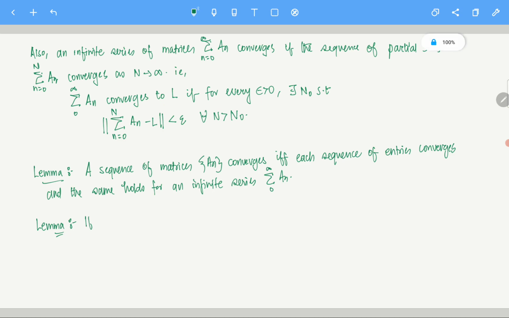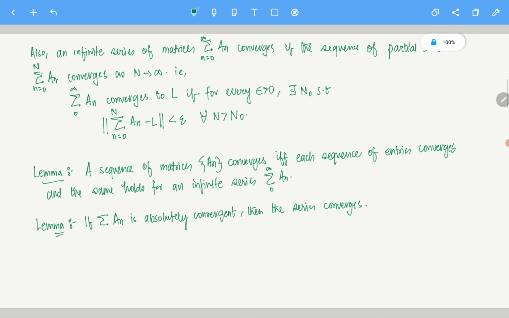That if summation An is absolutely convergent, then the series converges. I am going to define what absolute convergence is, but before that, let me write down the statement.